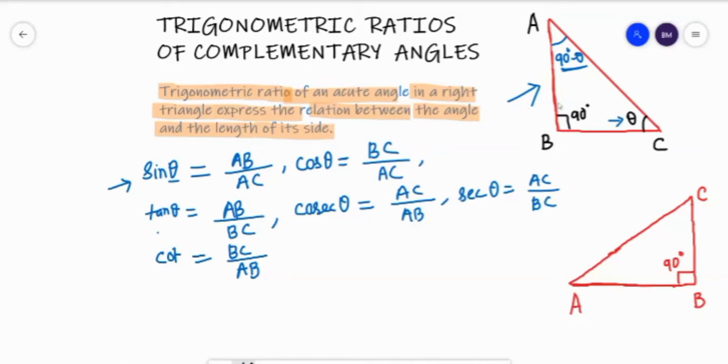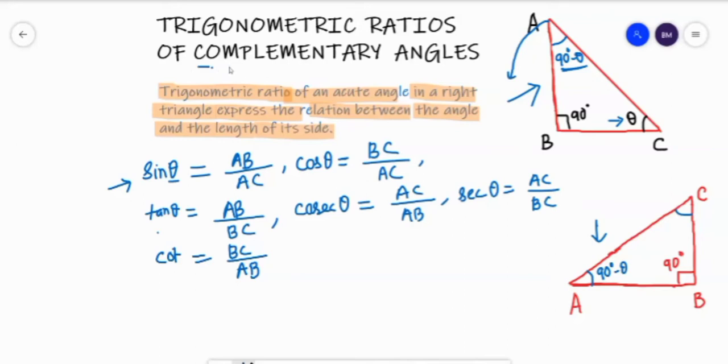We'll find that. For that, if we hold this point A and rotate the triangle a little in this direction, we will get this figure. Then this angle is 90 degree minus theta, and this is theta. We will calculate the trigonometric ratios of complementary angles.